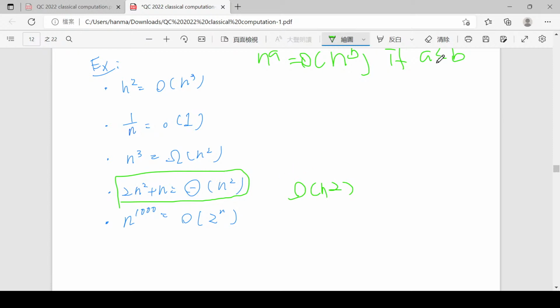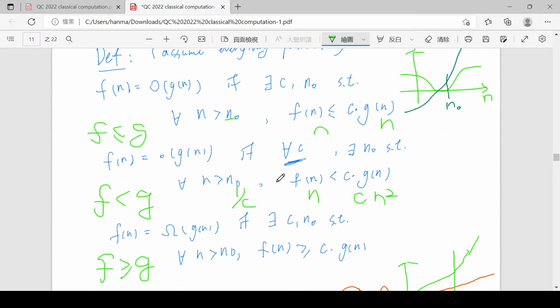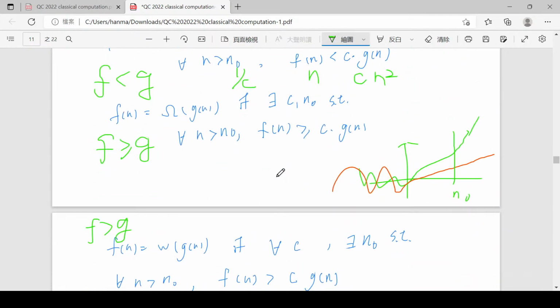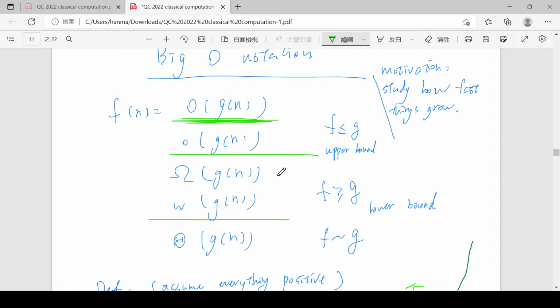And sometimes when you should write big theta, you write big O, then it's a bit misleading, or there is a bit of a mismatch between what you mean and what you write down. So when you write this, it's a good habit to remember that big O is not big theta.